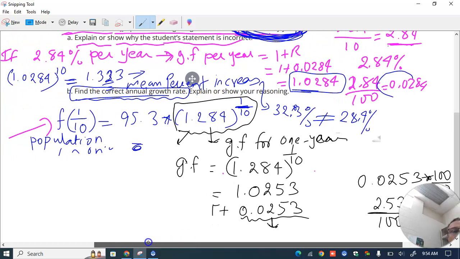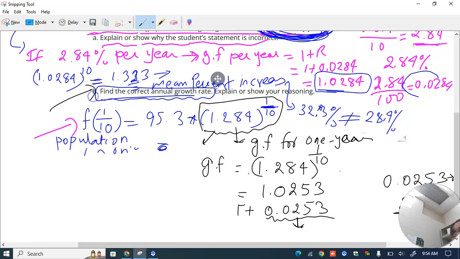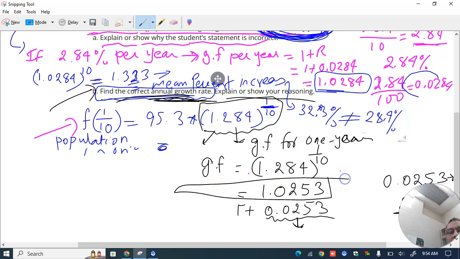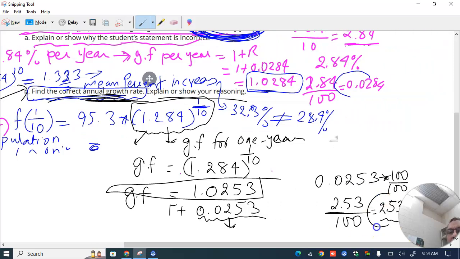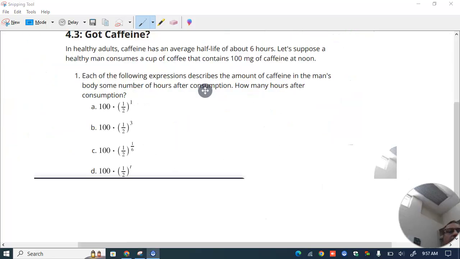So that takes care of question B. Also find the annual growth rate. Okay. So this is the growth rate annual per year. But the one that I showed here is the percent increase annually. So I hope that makes sense, and let's go to the next activity.